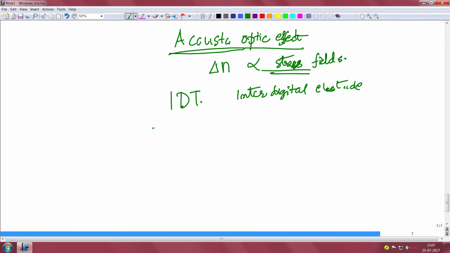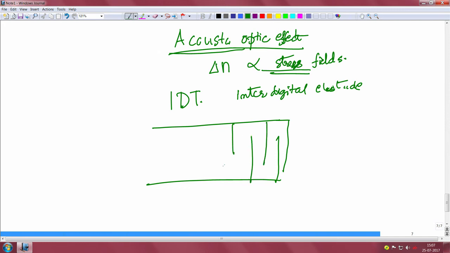I will draw it in a very simple way. Let me say these are the electrodes which are interconnected, and I will replace the double lines with single lines. All these are electrodes of certain thickness.